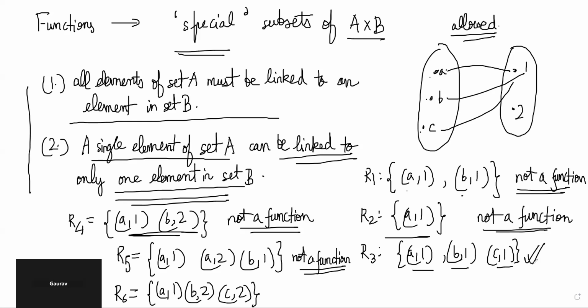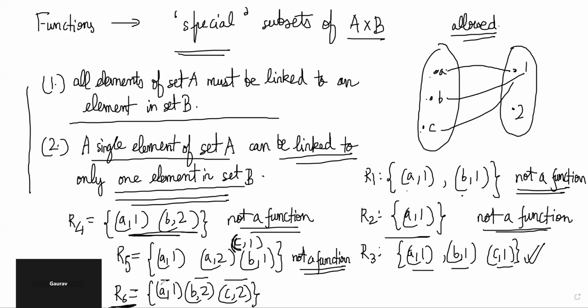Yes, sir. Similarly, R6 is a function, right? Because A1, B2, C2, right? So it is covering all the three elements of set A and also each element has only one output, correct? You could not have a situation like this. Suppose you change R5 a little bit and in R5 you add a term C1, right? R5 will still not be a function.